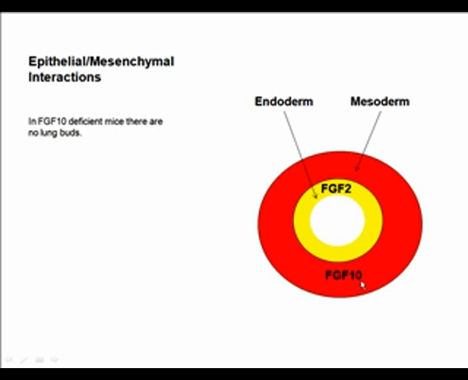Again, FGF10 is important, and FGF2 is important, and it is expressed in the endoderm. We know that in FGF10 deficient mice, lung buds fail to form. So FGF is critical for the formation of the lungs.